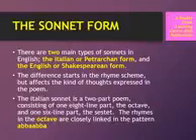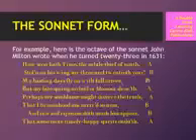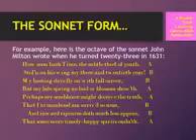The rhymes in the octave are closely linked in the pattern A, B, B, A, B, B, A. For example, here is the octave of the sonnet John Milton wrote when he turned 23 in 1631. How soon hath time, the subtle thief of youth, stolen on his wing my three and twentieth year.